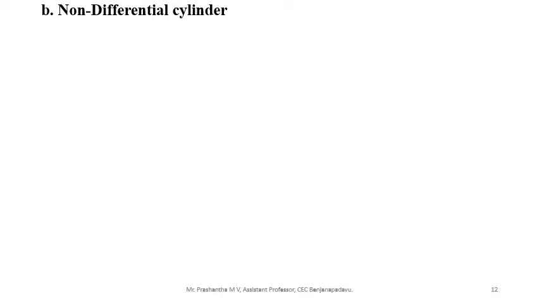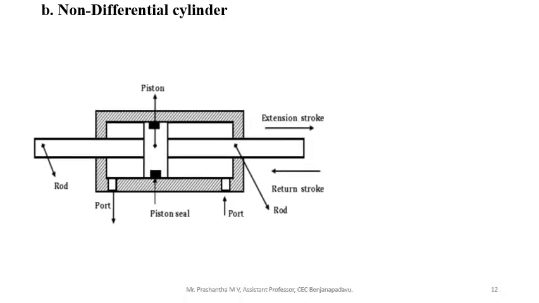And second one, a non-differential cylinder. As the name tells, there is no difference in the action of the liquid force on the piston. So in this arrangement, the rod is attached to either end of the piston. So there is no difference in the action of force.